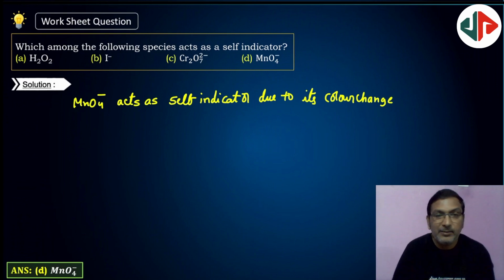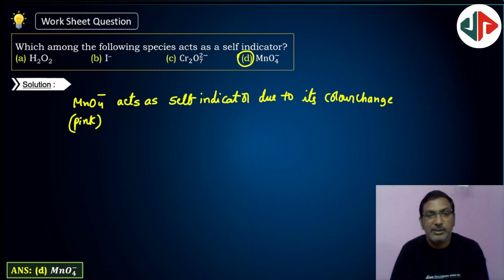MnO4 minus color will be pink color. It changes to colorless in redox titrations. Therefore, it acts as self-indicator. Indicator means which gives information about end point of titration. So at end point, color will be changed. Color of indicator will be changed. Here MnO4 acts as self-indicator due to its color change. Simple question. Next.